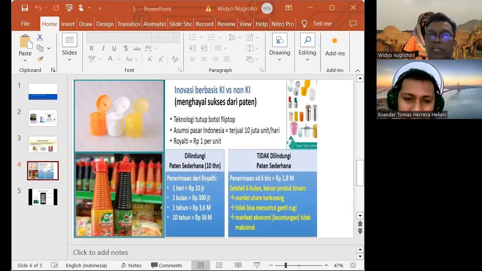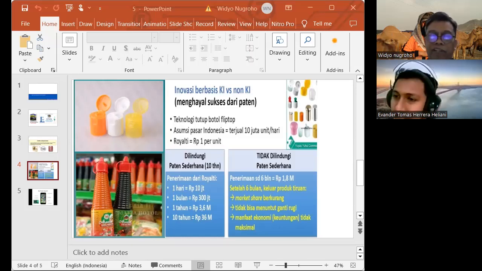As some assumptions, let's say there are 10 million units sold in the Indonesian market per day. For example, the royalty received is 1 rupiah per unit.